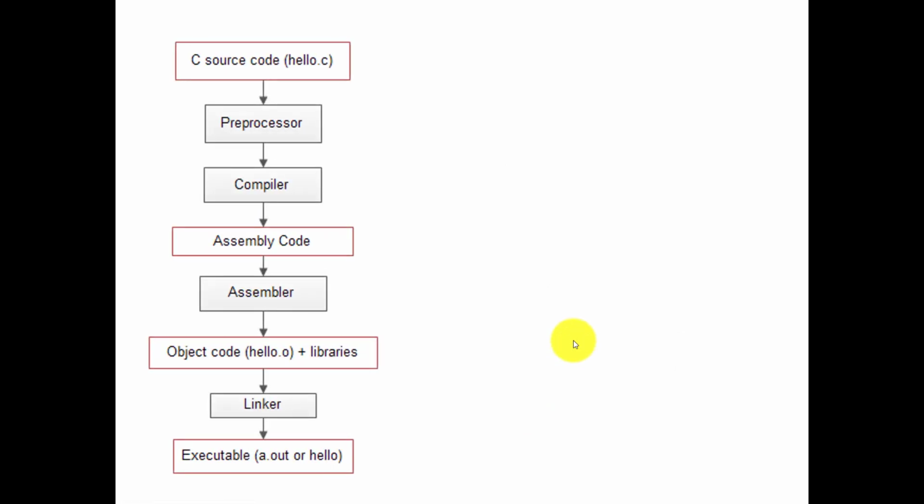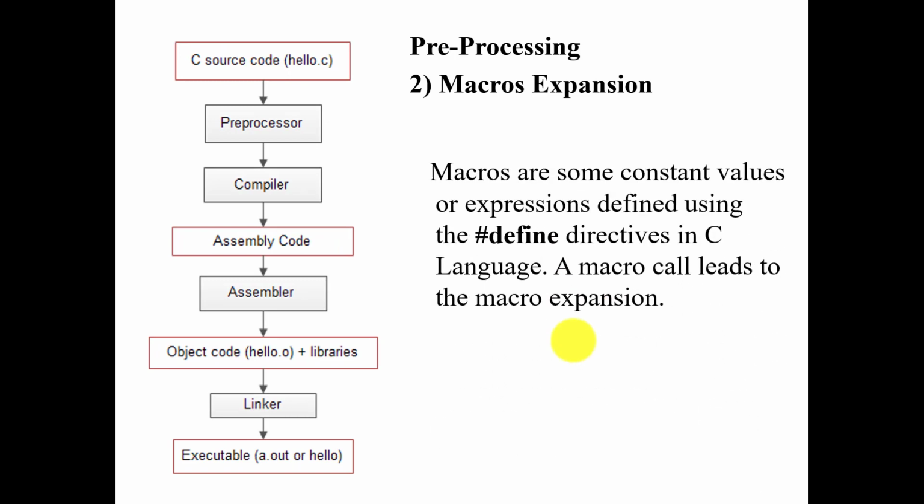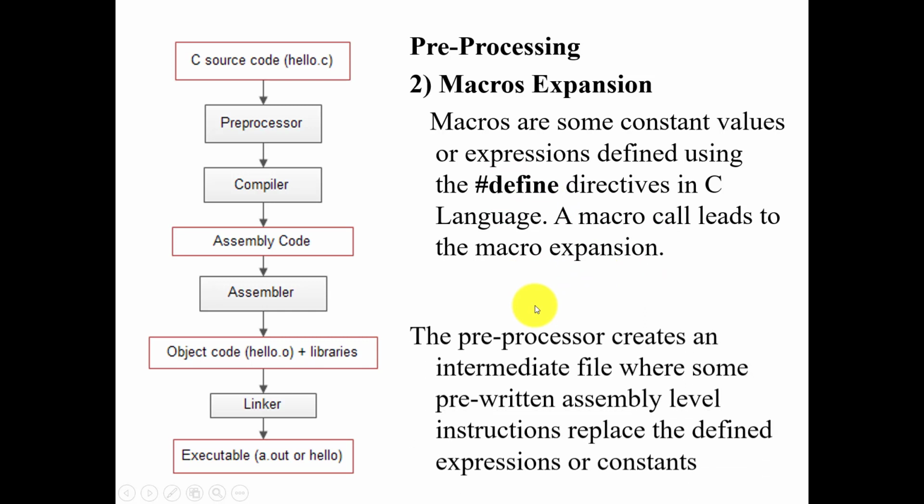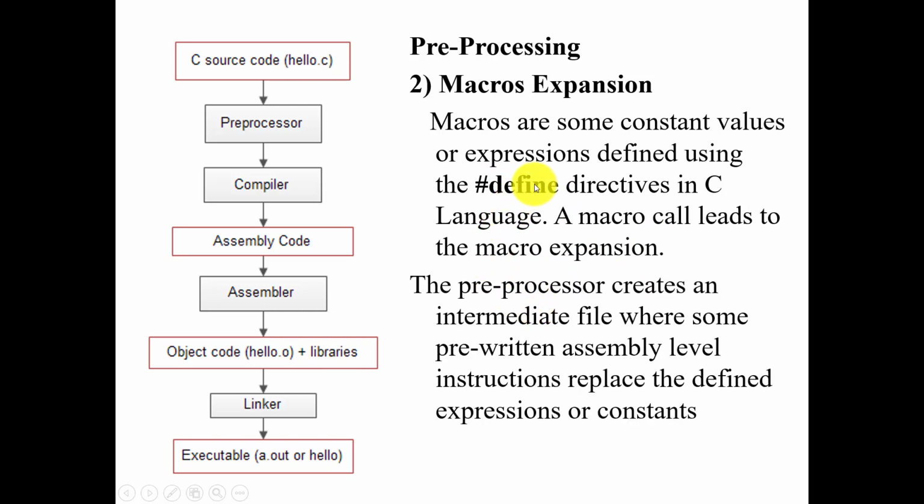Now the second task of pre-processing is macro expansion. What is macro expansion? We know that macros are constant values or expressions defined using the hash define directive in C. A macro call leads to macro expansion. When we use the same code again and again, we use a macro in C by using hash define.